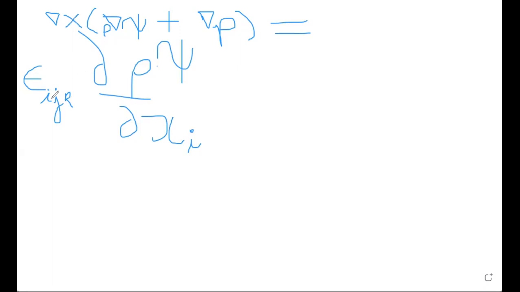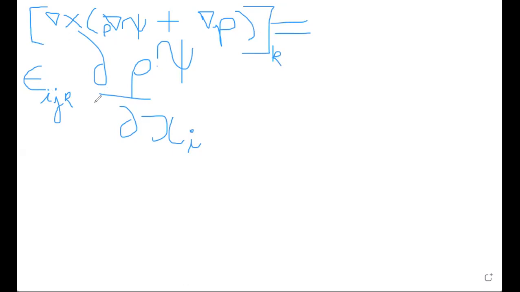So I can write the ith component, just to be formal here. I'm going to say I have some vector quantity here, and I want to pull off the kth element of that vector, right?